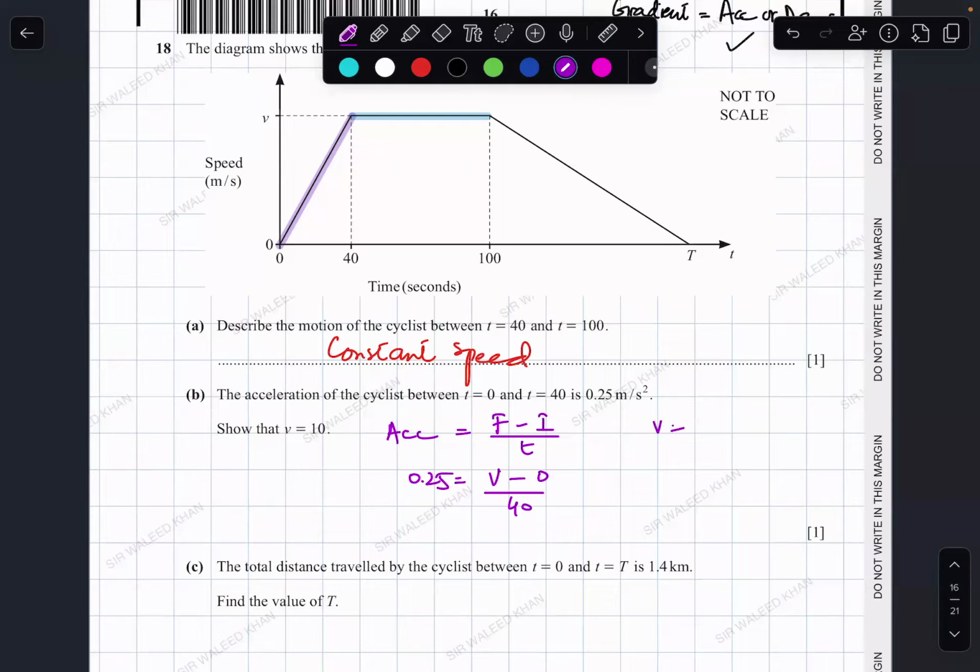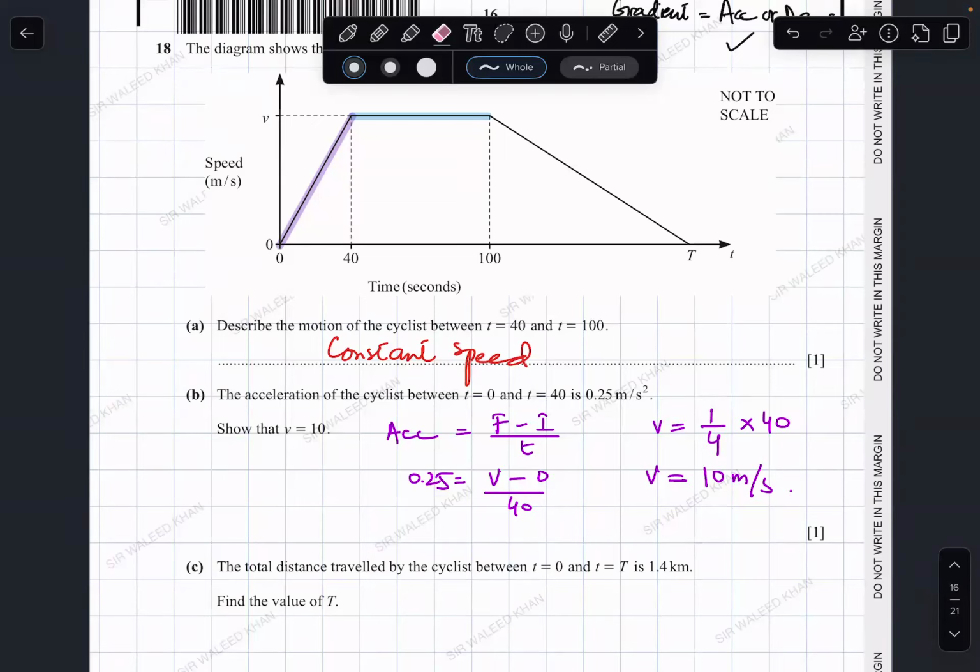So v is equal to 0.25. I can write it as 1 by 4 times 40. So v is equal to 10. Okay. Some students use the value of v. Don't use the value of v. You cannot use that. Match your answer with it. You have to match your answer with it.